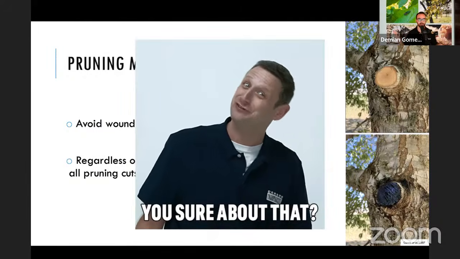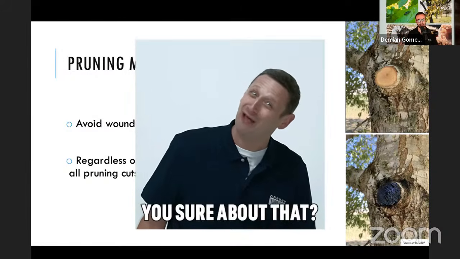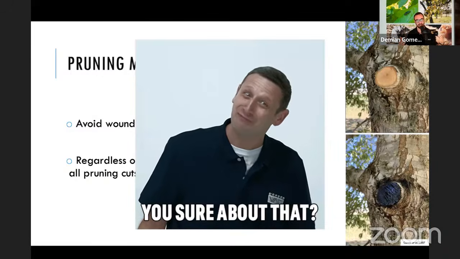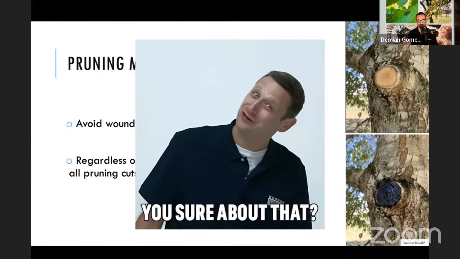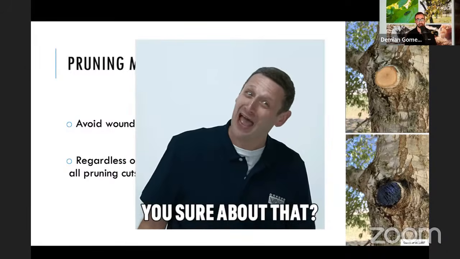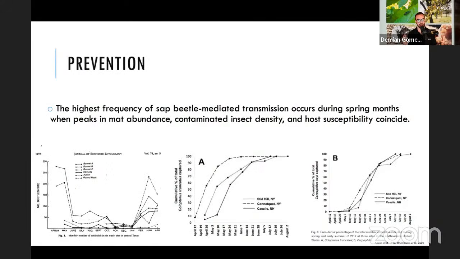We get a lot of questions sometimes about how specific this is, or how fast we need to paint, or if beetles are actually moving that fast in the spring. Well, the reality is that we have a lot of information that has shown that in the spring, that's when we have most of the fungal mats, but we also have most of the contaminated insects that are moving the spores from tree to tree.